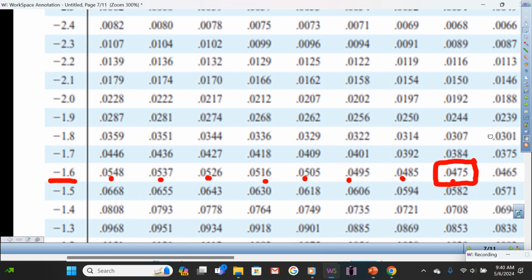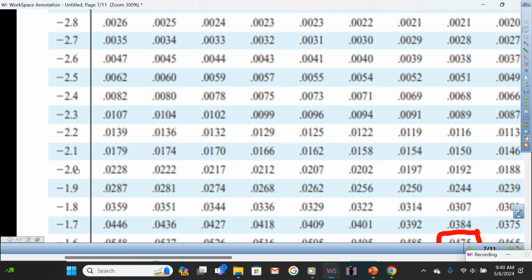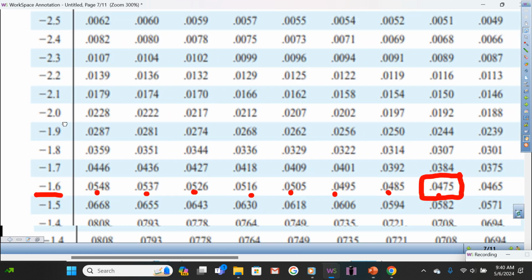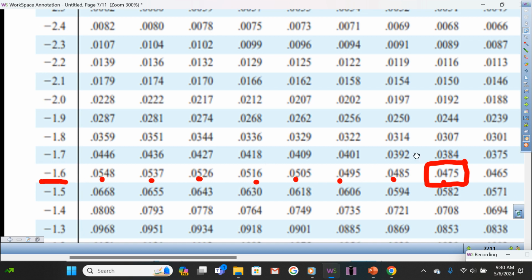Like I said, start with the negative 1 point or whatever they're giving you for the z, then just find the other decimal, the second decimal, as you go to the right.